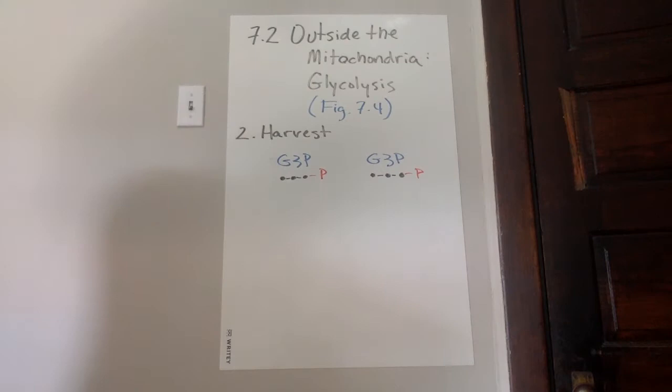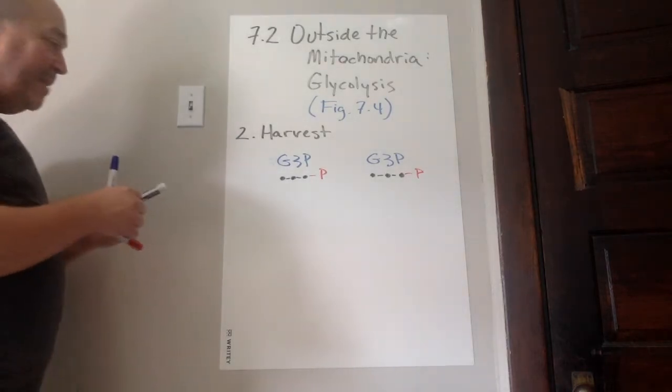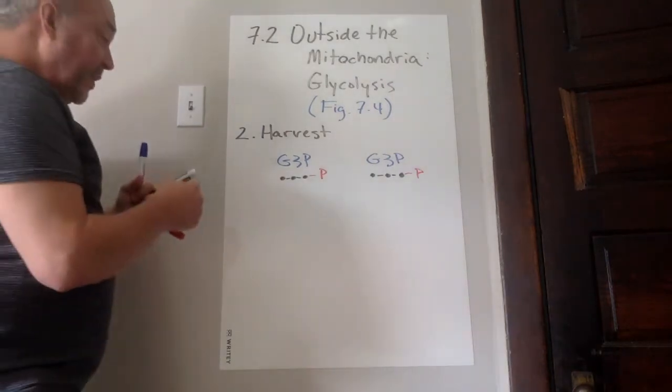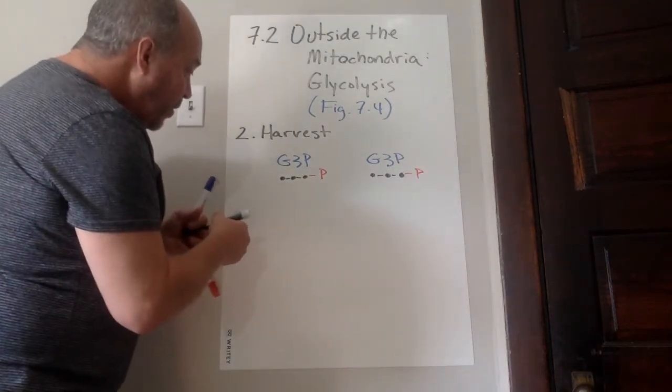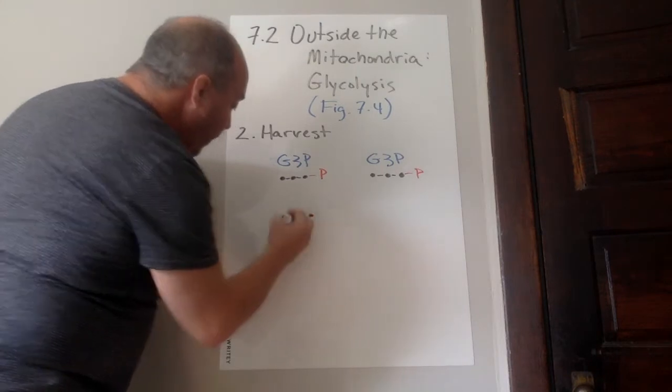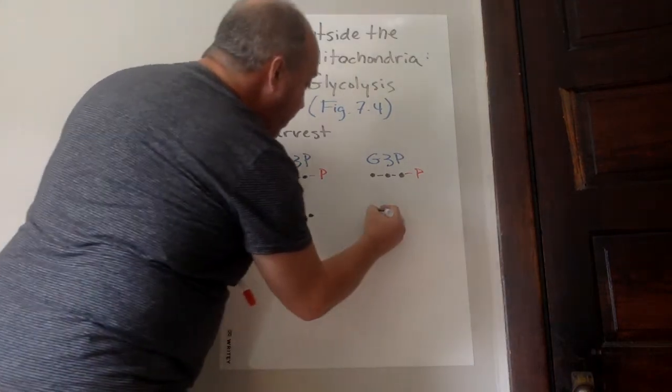Now the first thing that's going to happen is we're not actually going to get some ATP out of it, but we're going to transfer some energy to an NAD molecule. So as you can see in the picture, the first thing that's going to happen is we're actually going to put another phosphate group onto each of these G3P molecules.